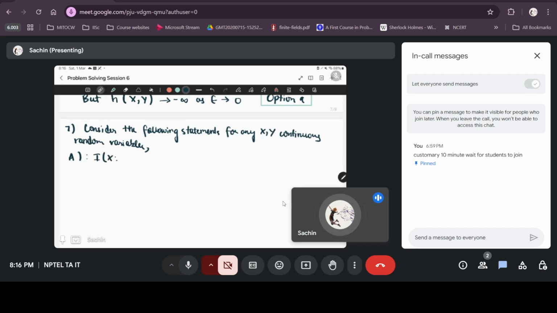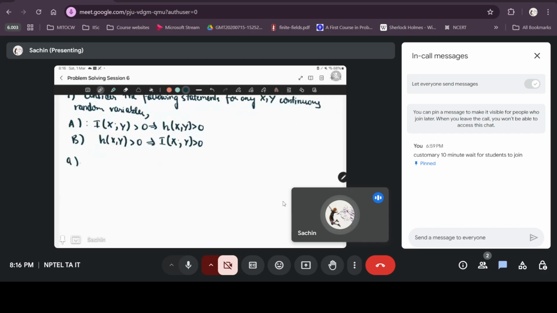Statement A says I of x y greater than 0 implies h of x y greater than 0. Statement B says h of x y greater than 0 implies I of x y greater than 0. Again, which of these statements is true?